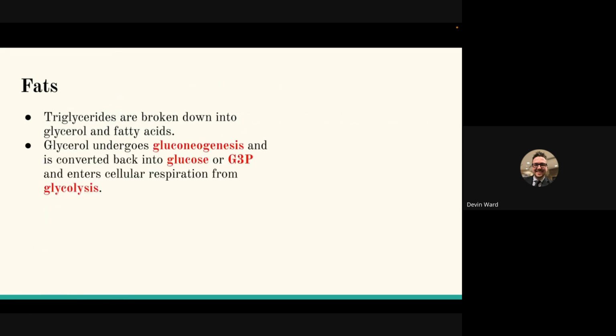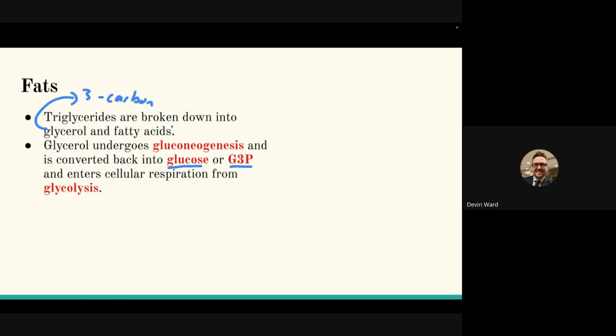Each of these does something different. Glycerol undergoes a process called gluconeogenesis and gets converted back into either glucose, if we have two glycerol molecules, or G3P if there's only one. Remember, glycerol is a 3-carbon molecule.